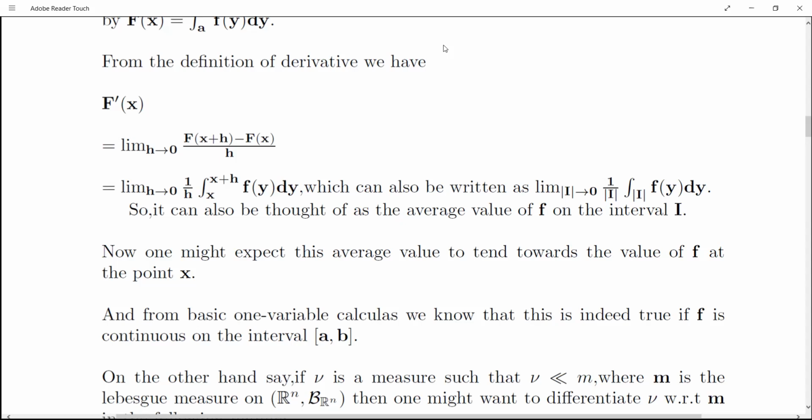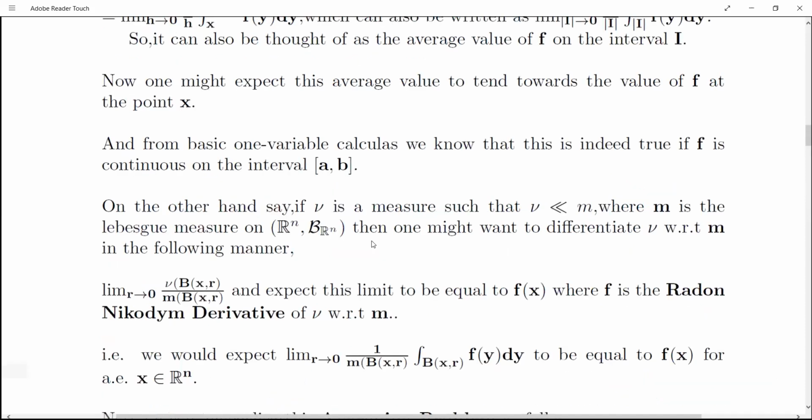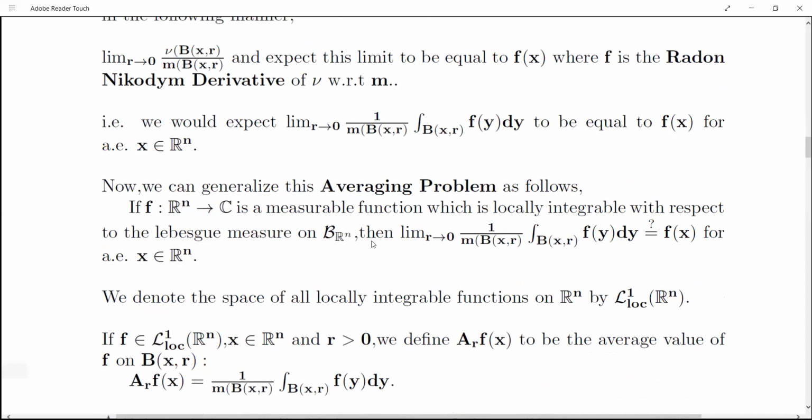So really this fundamental theorem of calculus, which is just normal differentiation in Euclidean space, is a special case of differentiation of measure. So yeah, I think that is all I wanted to say.